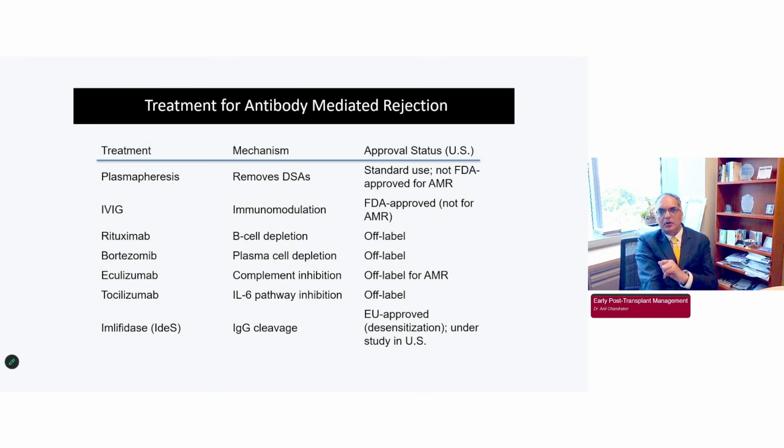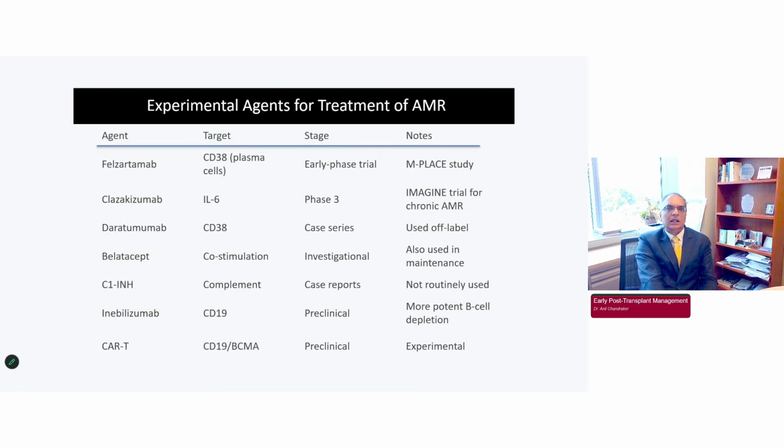I said there is no one FDA-approved therapy. There are a number of different therapies that are being used both at individual centers and being tested in clinical trials. And then there are also a number of experimental potential treatments that are being reported as well.